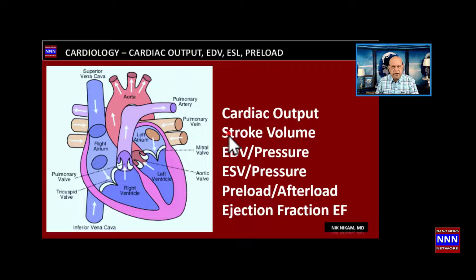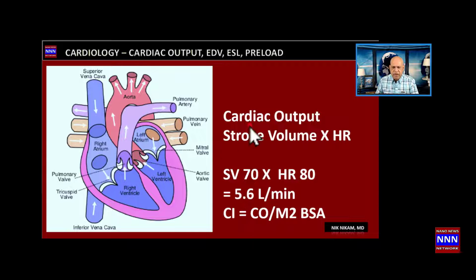What is cardiac output? Cardiac output is basically stroke volume multiplied by heart rate. What in the world is stroke volume? Stroke volume is the amount of blood that is in the left ventricle that is ejected into the aorta with each heartbeat. Let's assume the left ventricle has 100 ml of blood before it begins to contract, that is the ventricular systole.